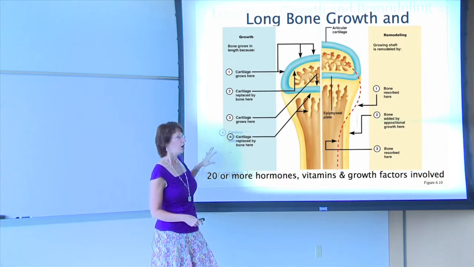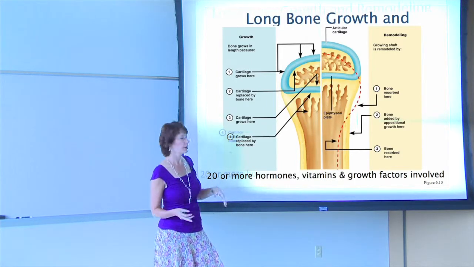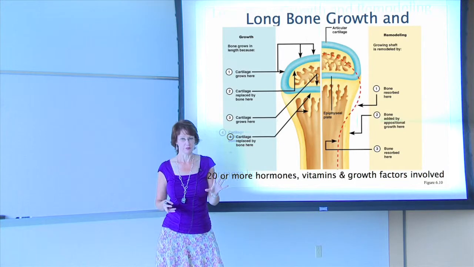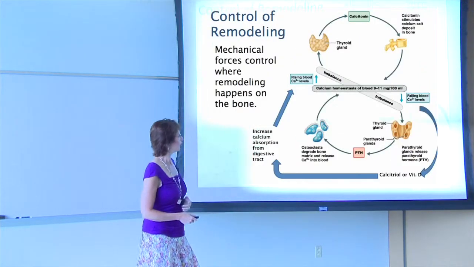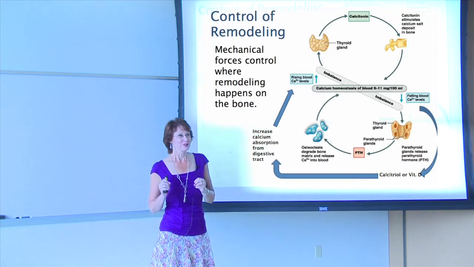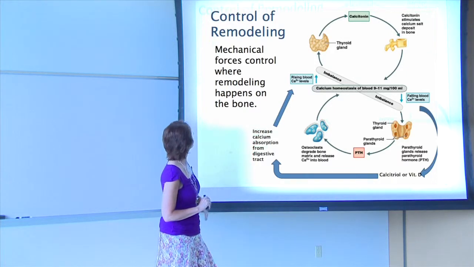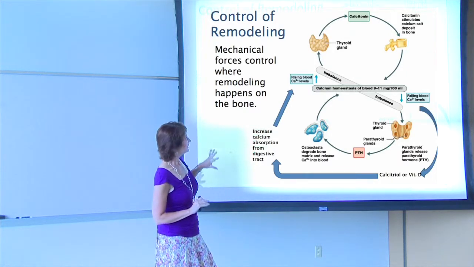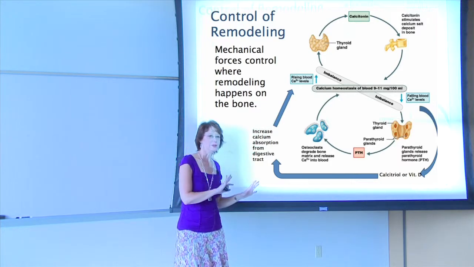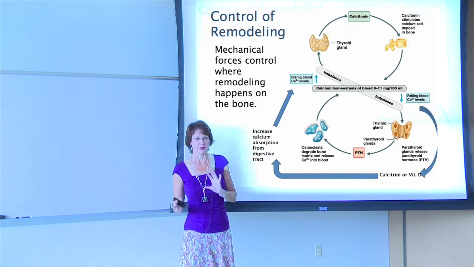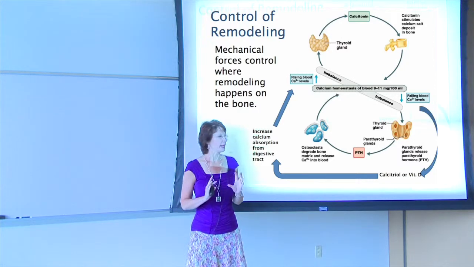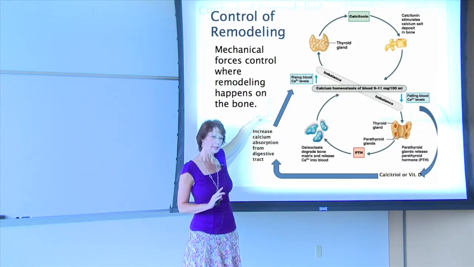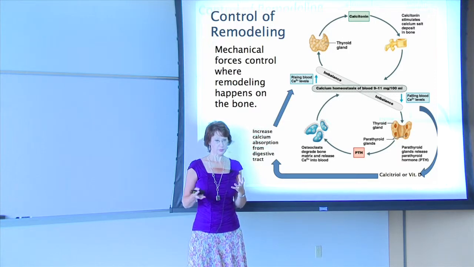There are a whole lot of hormones, vitamins, and growth factors that are involved in this process. Luckily, you don't have to learn all of them, but you do have to learn a few important ones. So in the control of this whole process of building bone and moving bone away, most of the key part of that is regulated by blood calcium levels.